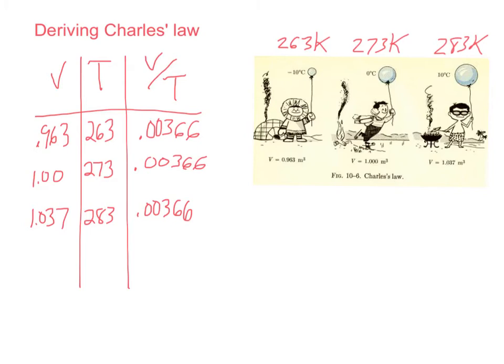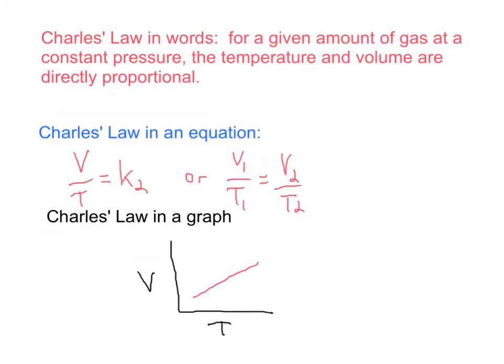So the ratio of volume to temperature is a constant value for any given sample of gas at any given pressure. Okay, and now we're going to go on to a practice problem. Charles's law says for a given amount of gas at a constant pressure, the temperature and volume are directly proportional. Directly now, not inversely like last time.